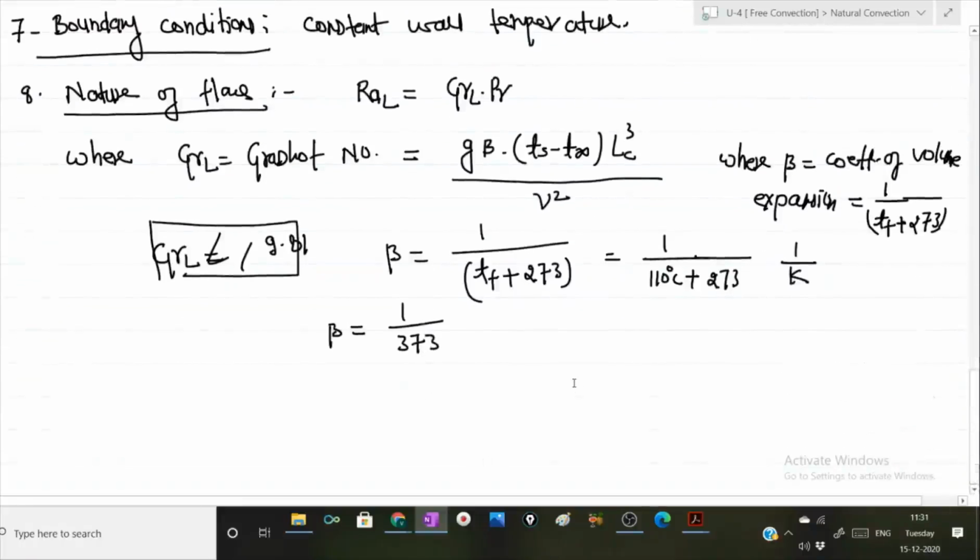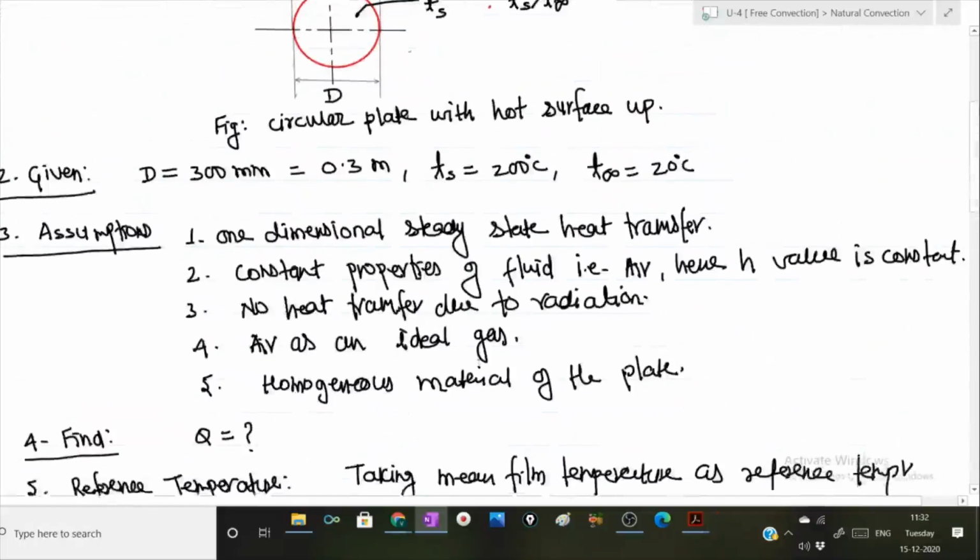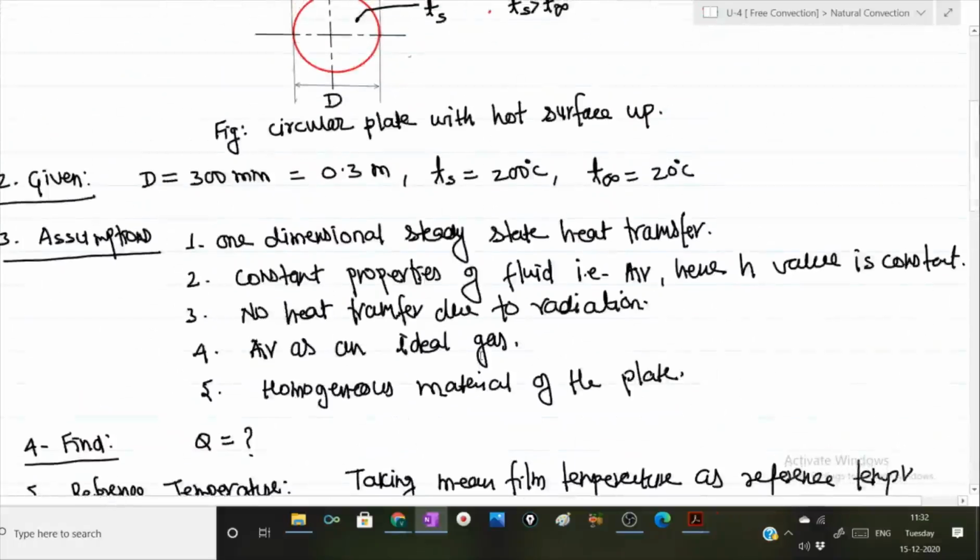So I am supposed to calculate Grashof number. Grashof number will be 9.81 into 1 over 373 into Ts, which is how much? 200 degrees Celsius.